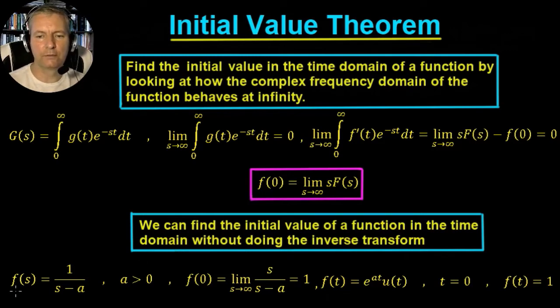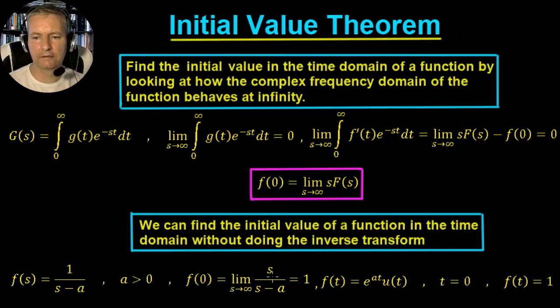So here's an example. Let's imagine we had the complex function f of s equals 1 upon s minus a, for a greater than 0. Then our contention from this identity is that we can find f of 0 by taking the limit as s tends to infinity of s times our function f of s.